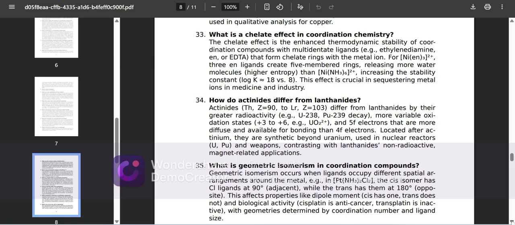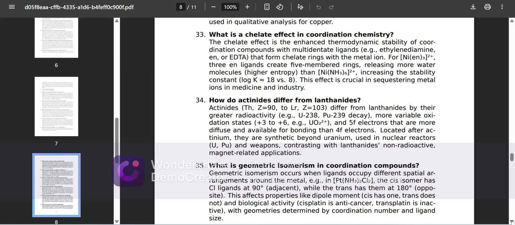For Ni(en)3 2+, three en ligands create five-membered rings, releasing more water molecules, giving higher entropy than Ni(NH3)6 2+, increasing the stability constant. Log K is equal to 18 versus 8.